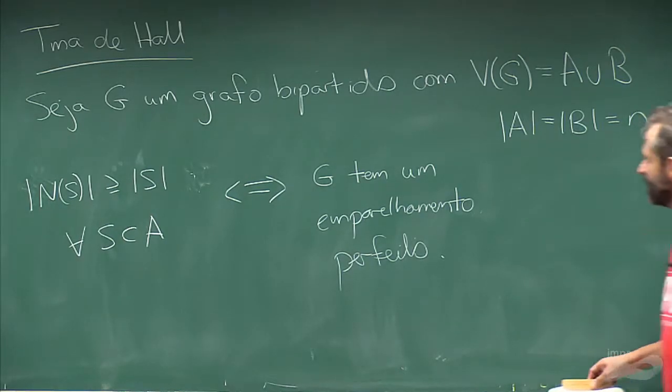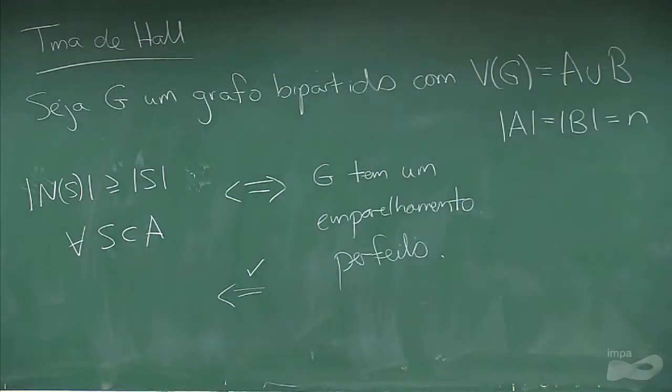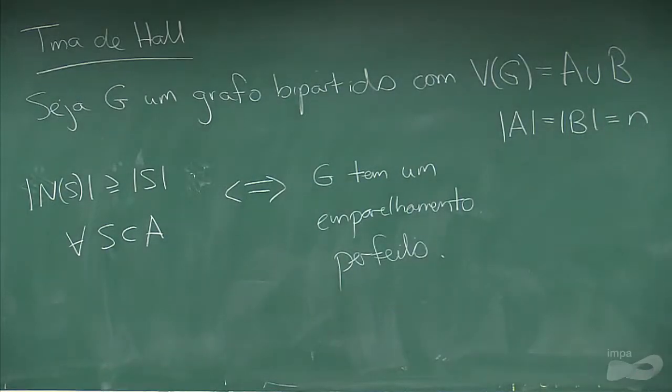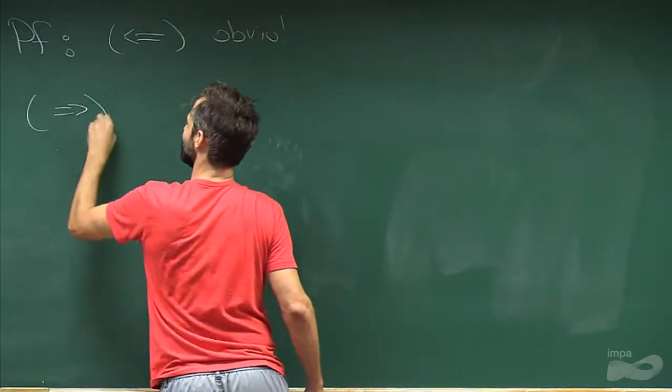This way we just checked, so this way is obvious. Let's do the other way. Is the statement clear? So it's an incredibly simple characterization of bipartite graphs with a perfect matching.